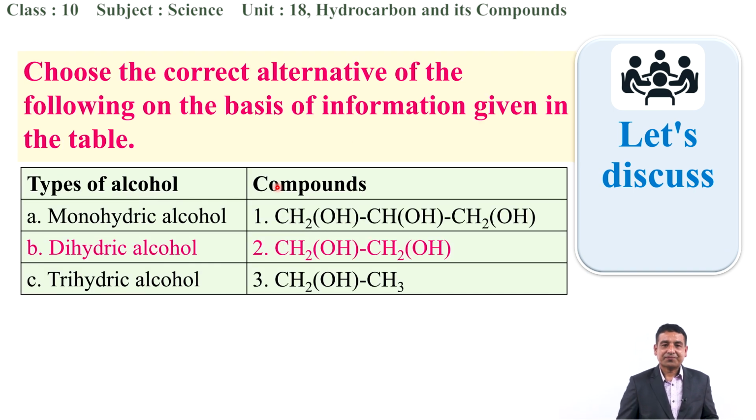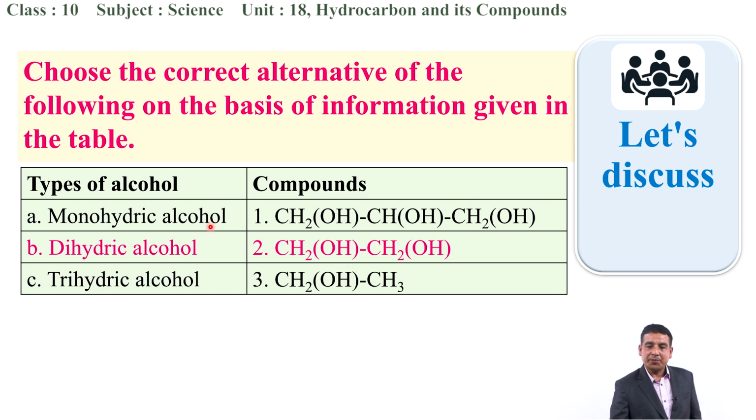Next one, some information about the different types of alcohols has been given here: monohydric alcohol, dihydric alcohol and trihydric alcohol. The compounds given are like this. One consists of 1 to 3 hydroxyl groups, one consists of 2 hydroxyl groups, but one consists of only 1 hydroxyl group.